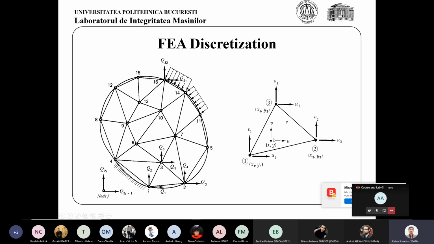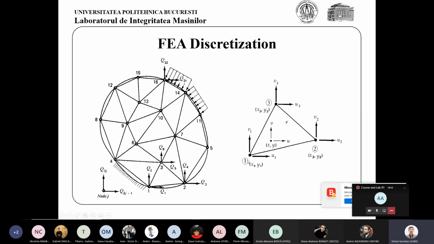And we may suppose that inside of this triangle, displacements u and v are continuous. So we have an infinite number of points inside of this triangle, which may be written as a function of nodal degrees of freedom.